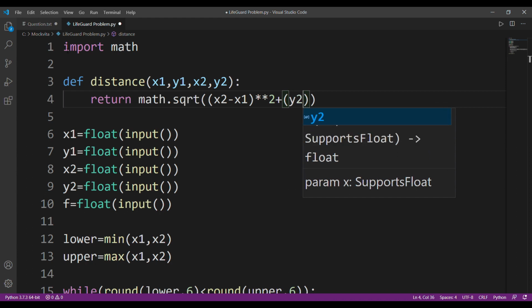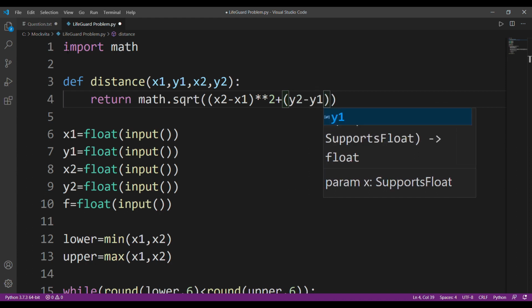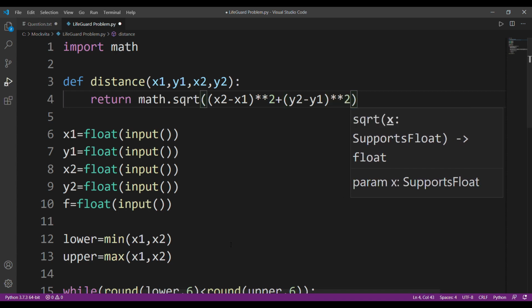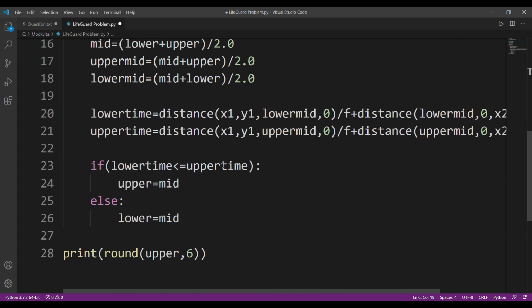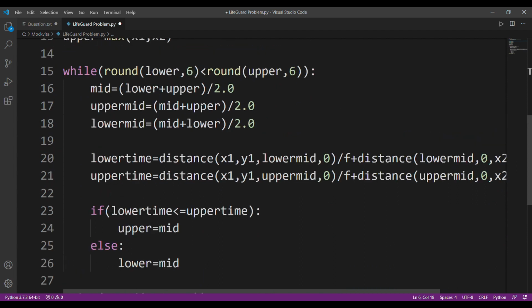I hope you know how to calculate distance between two points. If the coordinates are x1 and y1 and x2 and y2, we can simply calculate them with the formula of x2 minus x1 whole square plus y2 minus y1 whole square to the power of 1 by 2. So that's what we have simply done here, and with the help of this we have calculated a distance. Let me just cross check it again, and I think this will do the trick.